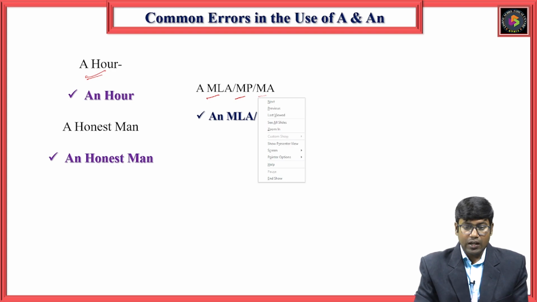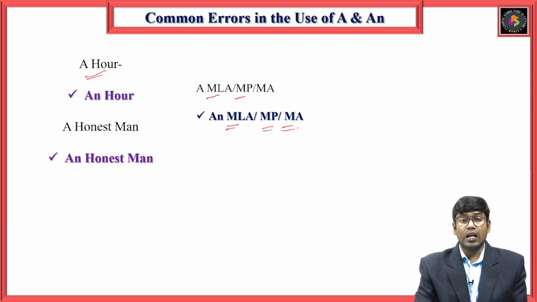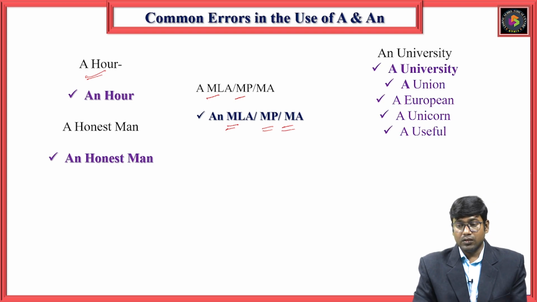But when we are discussing the sounds, the M sound is actually em-el-ay. So an e sound is coming, so a vowel sound is coming, therefore it is an MLA, an MP, an MA, like this.